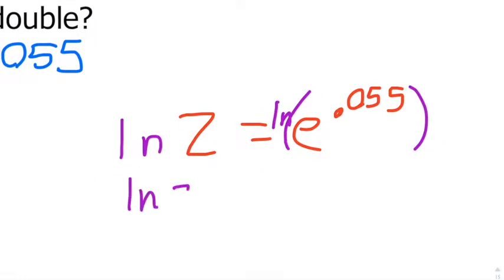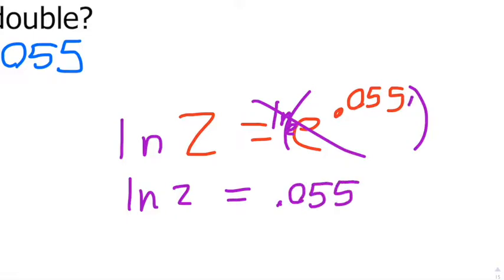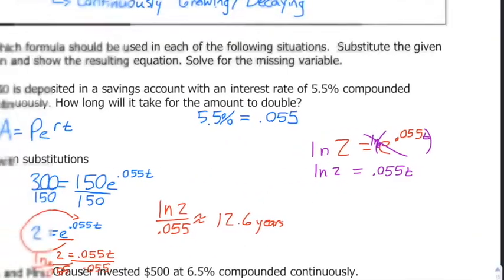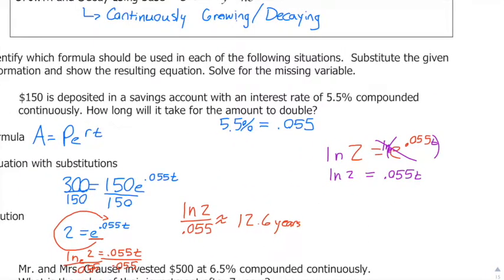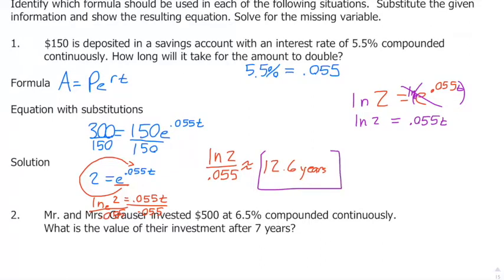So the natural log of 2, and then since you have natural log of E with base E right here, the E's are going to cancel out, and then you're going to be left with 0.055t. And then divide. So it comes out to the same exact thing here, but I'd teach it more in the form of switch it to exponential form. So anyways, you'll get to the same exact thing. Apparently it'll be 12.6 years.